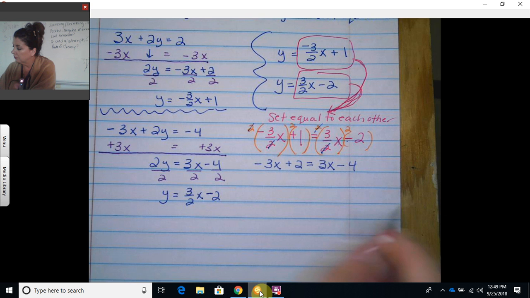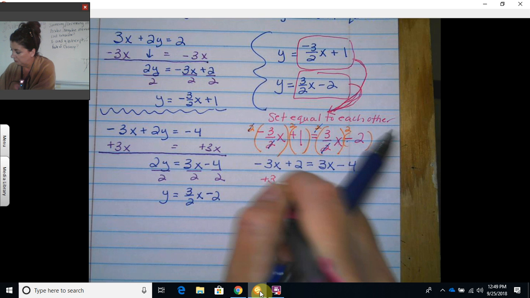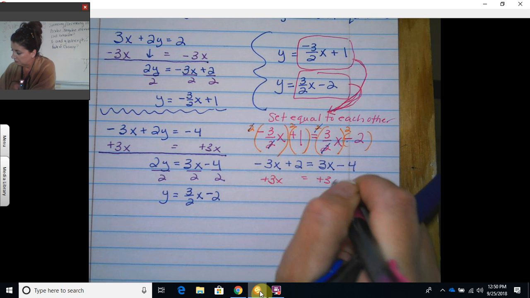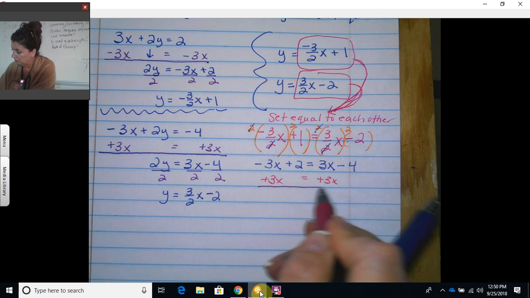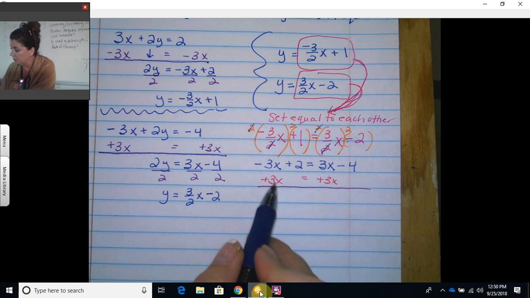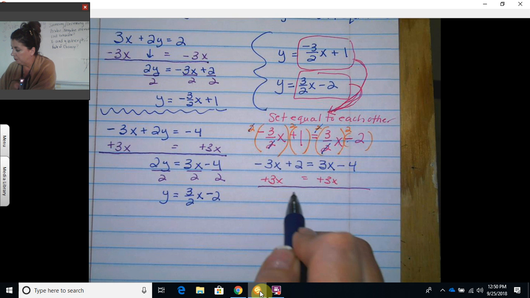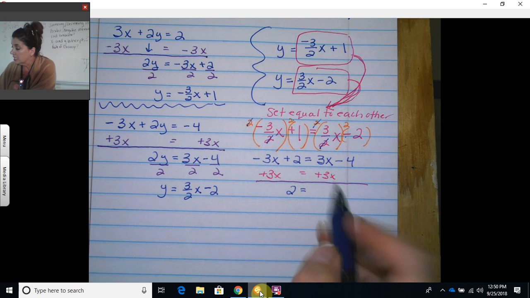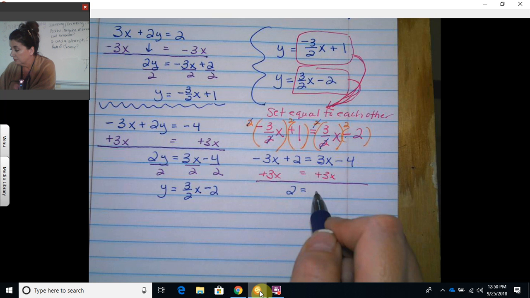Add 3x to both sides. Negative 3x plus 3x is 0. So 0 plus 2 is 2 equals, what's 3x plus 3x? Does that cancel? It leaves you with 6x. And then bring down your minus 4.